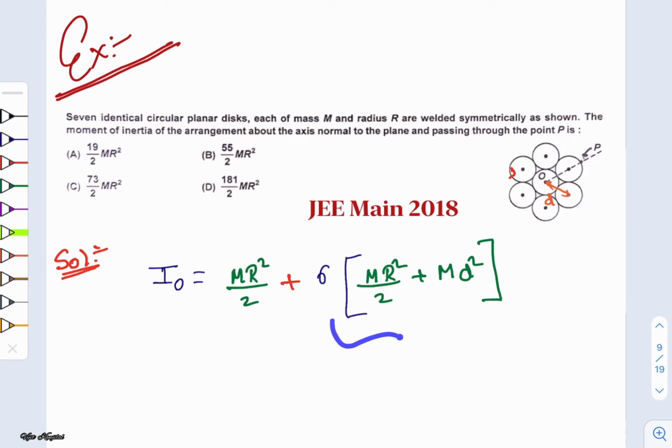So we are simply applying the parallel axis theorem in this expression, and as there are 6 disks, we are using the term 6 here.